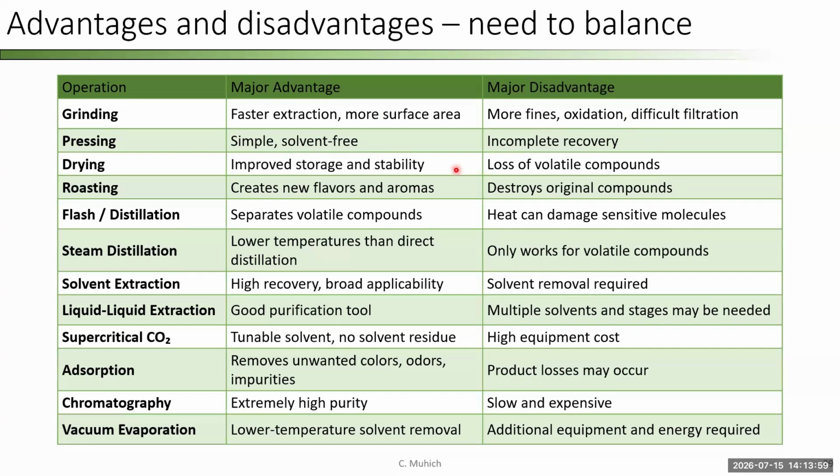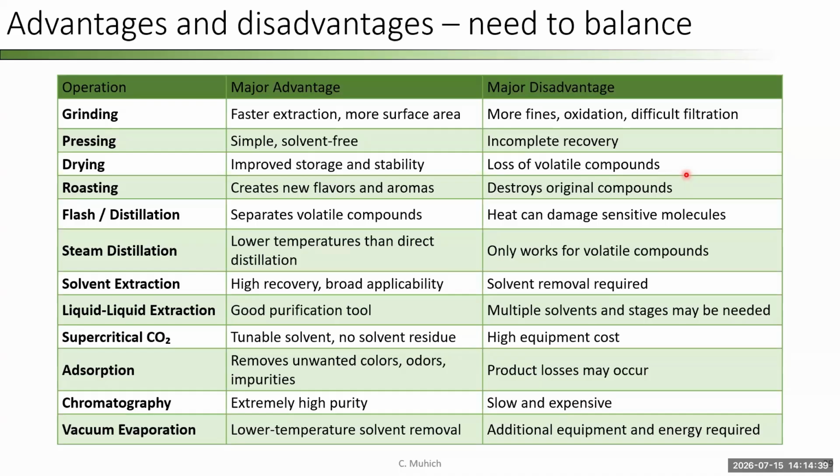Drying is important for storage and stability, but when you're drying, you don't just remove the water or whatever compound, you generally lose volatile compounds as well. Roasting gives you new flavors and aromas, but you may destroy molecules that you want. Distillation is great for separating volatile compounds by heating things up and volatilizing them, but that heat can damage our sensitive molecules.